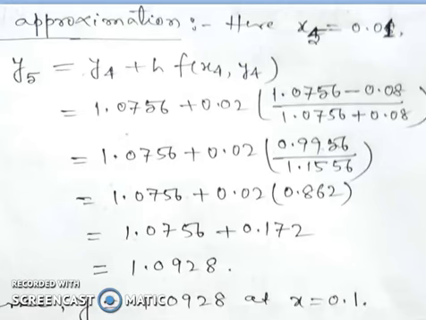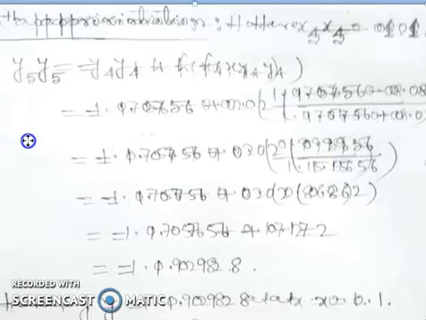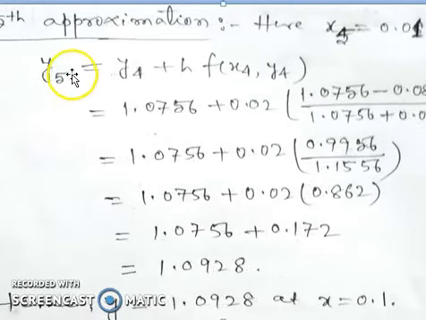The last approximation is at x5 equal to 0.1, and the fifth approximation formula is y5 equal to y4 plus h of f of x4, y4.